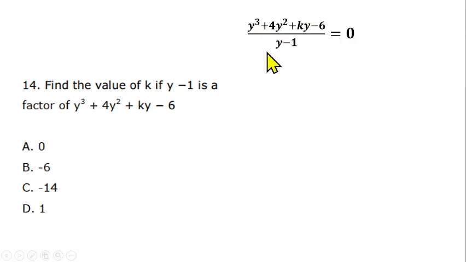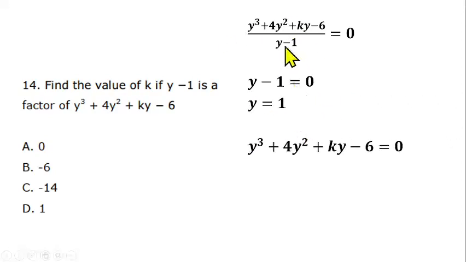So what does that mean? That means y minus 1 is equal to 0, and this is also equal to 0 as well. So y minus 1 equals 0, so y will be equal to 1. Then put that into y cubed plus 4y squared plus ky minus 6 equals 0.